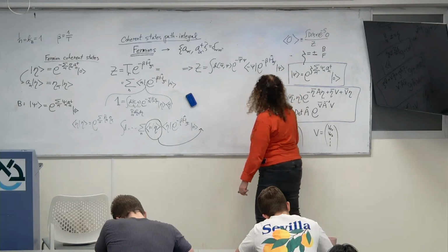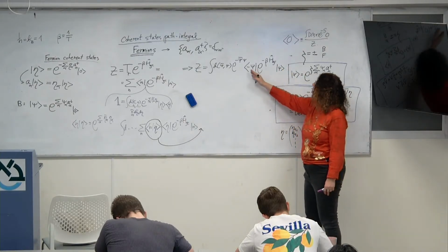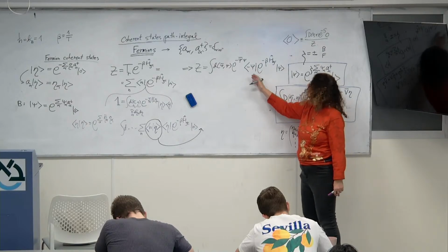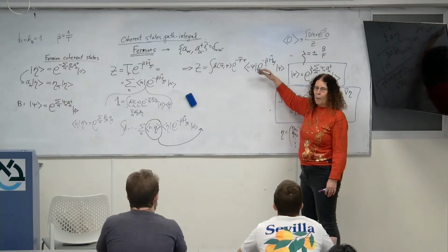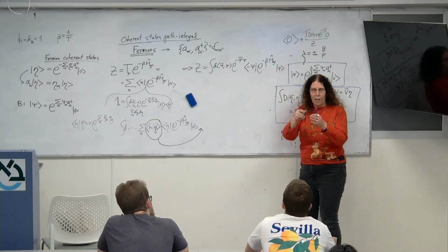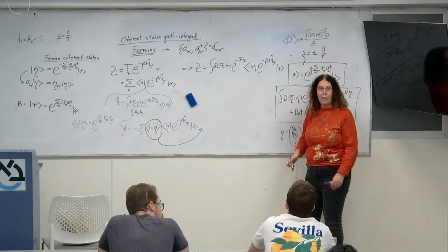Okay, so for the bosons, I got the diagonal element, which then I do the path integral thing, I introduce steps, and so on.